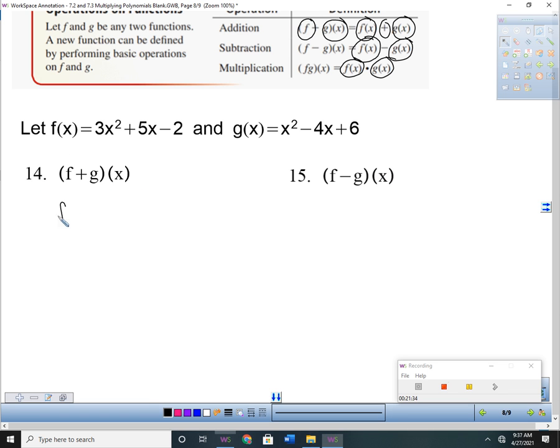So if you look at number 14, this is like saying take f of x and add that to g of x. Now when we add two things, we don't need parentheses. So f of x is 3x squared plus 5x minus 2. And I am adding that to g of x, and g of x is x squared minus 4x plus 6.